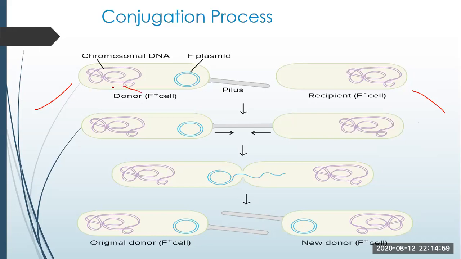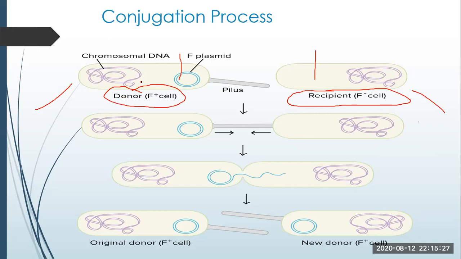One is the donor cell, called F plus, and another is the recipient cell, called F minus. The difference between them is that in the donor cell a plasmid is present, but in the recipient cell the plasmid is always absent.